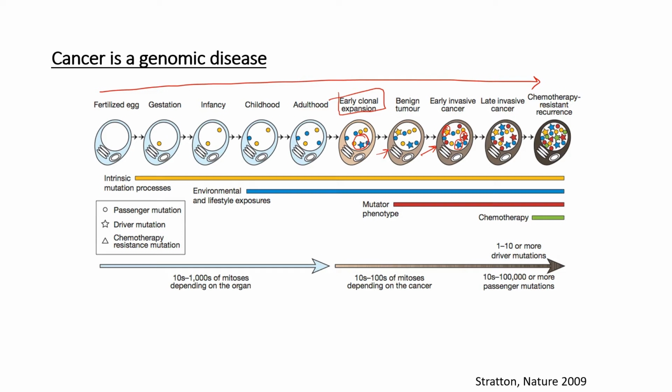So there are so many things we will discuss one by one in our class during the course, and we will discuss how to classify that these are the passenger mutations, how to classify these are the driver mutations, how to classify that these mutations are chemotherapy or any treatment resistant.